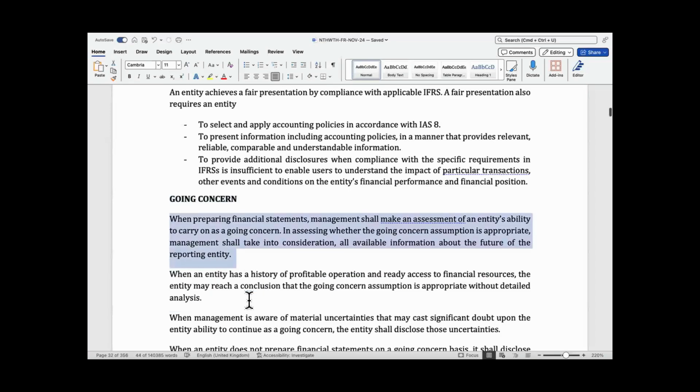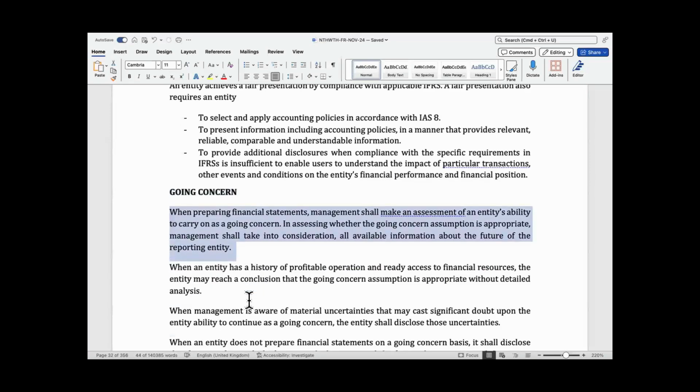And when you're making this assessment, if your company is a profitable organization and it has capital, it has money, that is a positive indicator. You can easily conclude that nothing is wrong. You will continue to operate as a going concern, that you are okay.